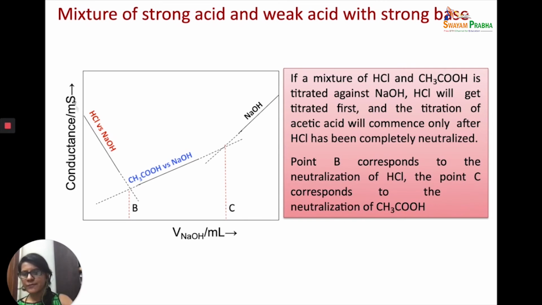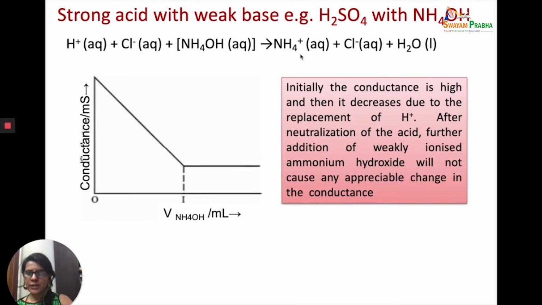So this is to be emphasized here. First equivalence point for the strong acid neutralization, and only after the neutralization of the strong acid has taken place will the neutralization of the weak acid take place, and once that has taken place, the increase is due to the presence of NaOH. So that is another graph that we wanted to take a look at.